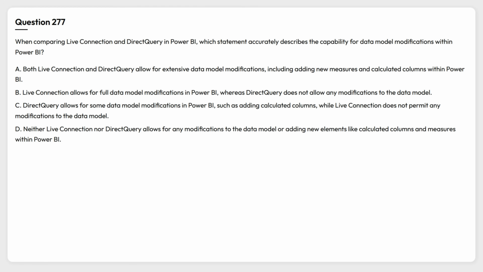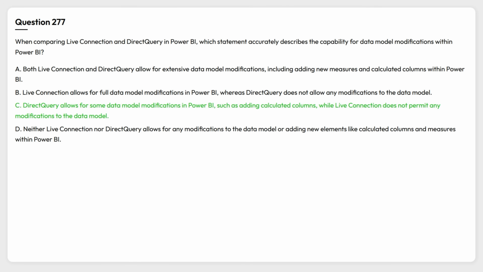Option D, neither live connection nor direct query allows for any modification to the data model or adding new elements like calculated columns and measures within Power BI.